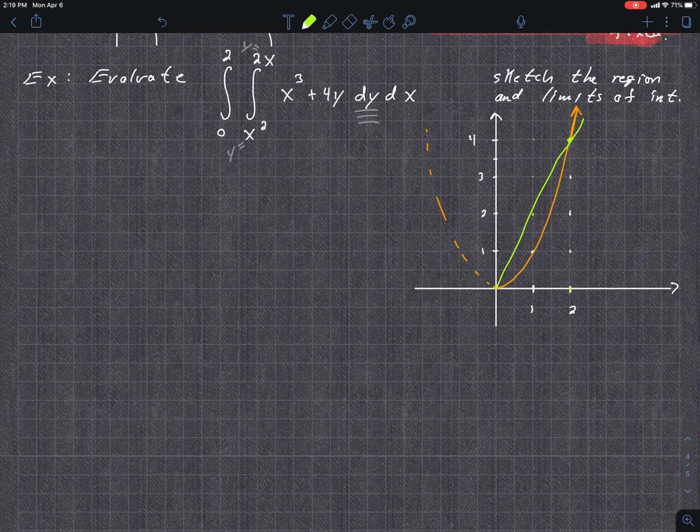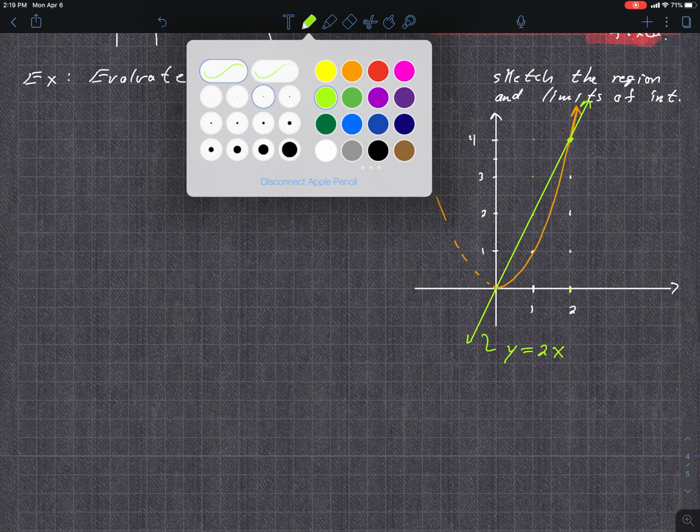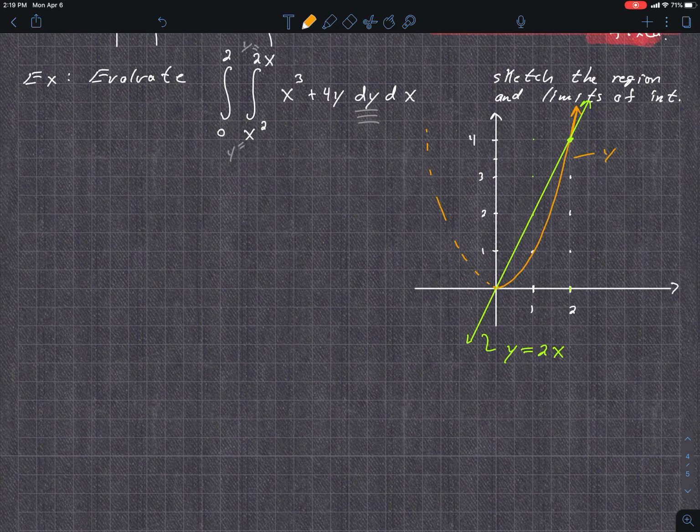So here's the intersection. And you can see that that's 2. That's what we kind of knew already. Okay. So this is your y equals 2x. And this is your y equals x squared.